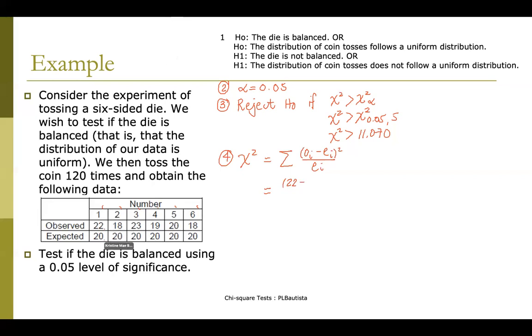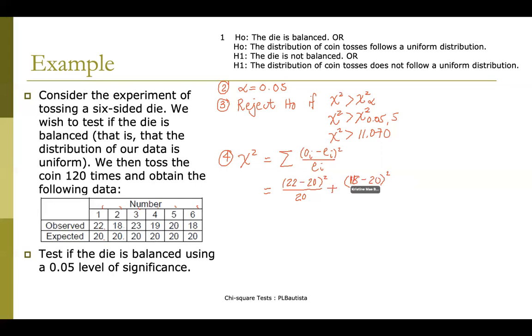And the expected value is 20. So you have 22 minus 20, get the square, and divide by the expected value, which is again 20. Moving to the next cell, you now have 18. Then you subtract the expected value, which is again 20.